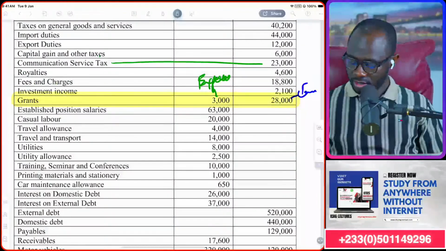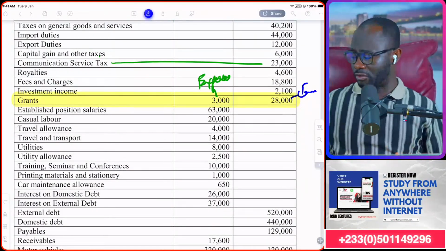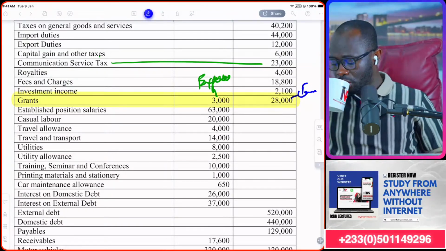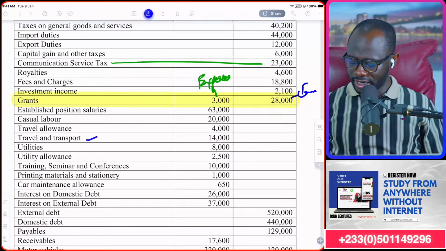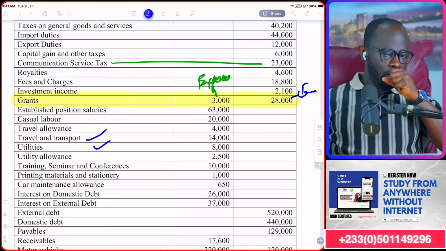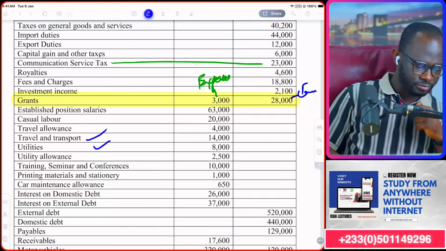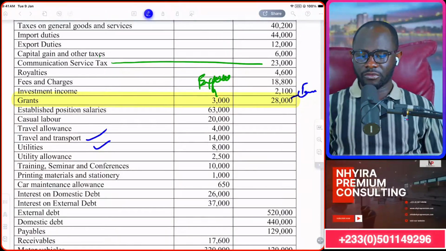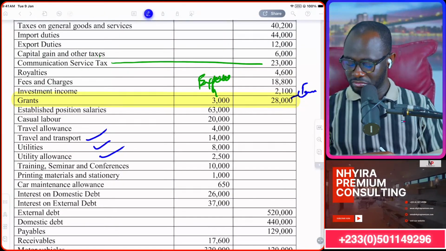Next, travel and transport. That relates to the day-to-day running of government machinery. Then utilities, also relating to the running of government machinery. Utility allowance.